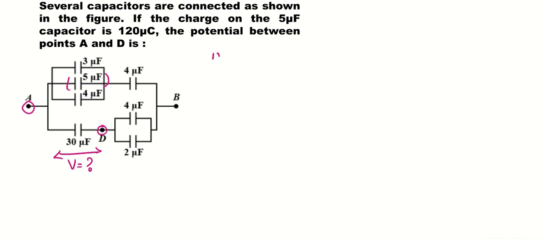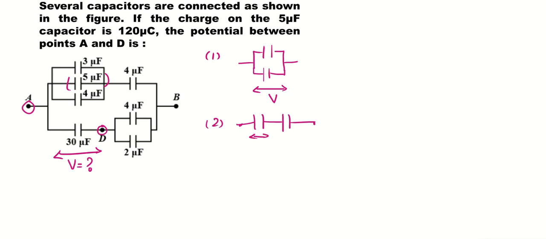We are going to use two facts to find out the potential across 30 microfarad. The first one is, if two capacitors are connected in parallel, the potential across them is the same. If two capacitors are connected in series, the charges stored in them are the same.